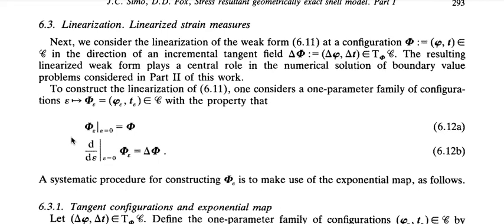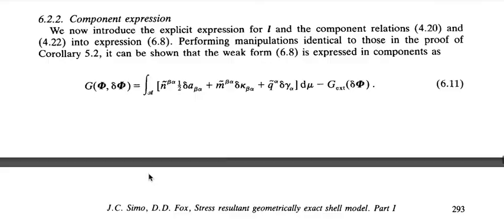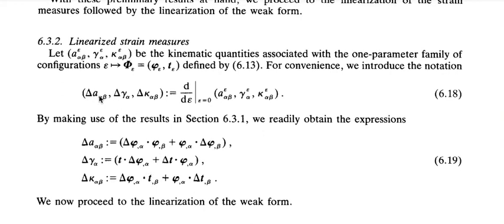It has a particular direction in the tangent space of the shell in the family of shell configurations, but we'll be using this relationship repeatedly to write the directional derivative of various terms, because in the energy equation we have strains coming in through these, and we have the whole g, which is the energy functional, coming in, and we want to write a directional derivative of this g and also of the other terms like strains which are coming in.